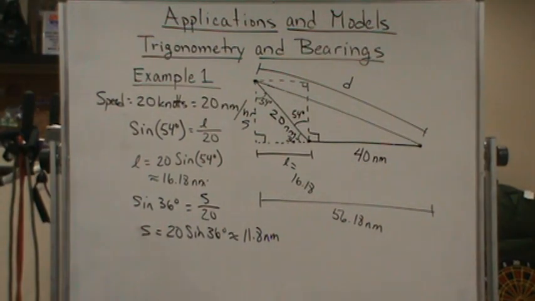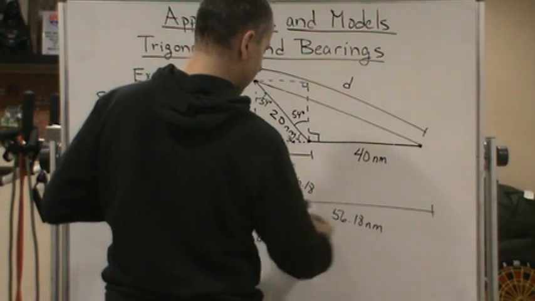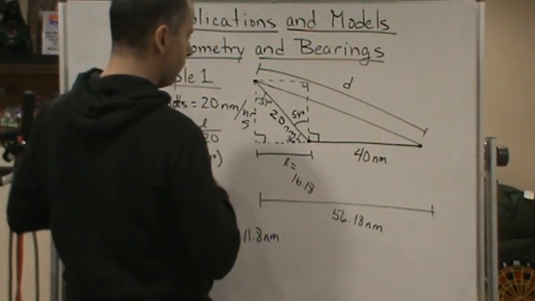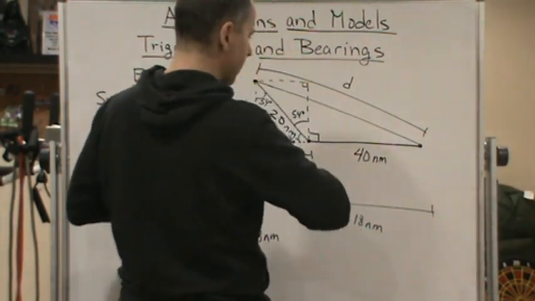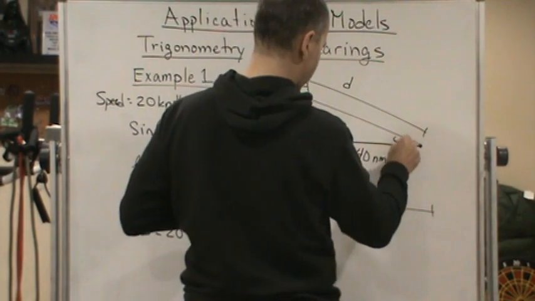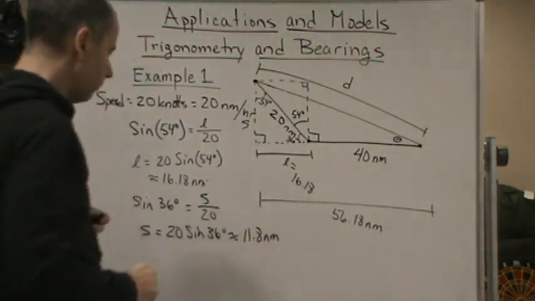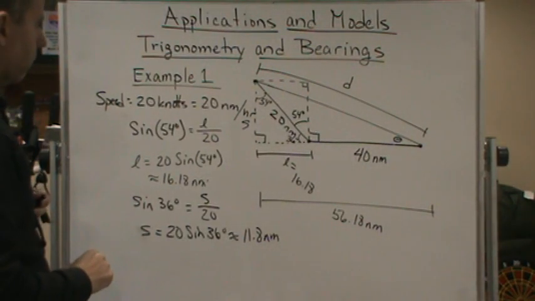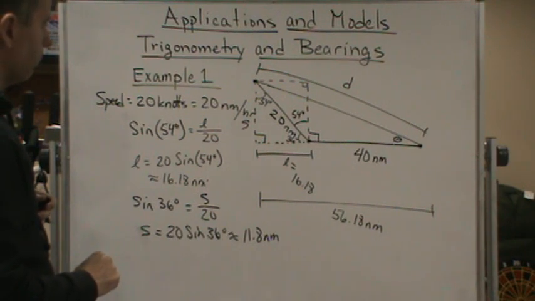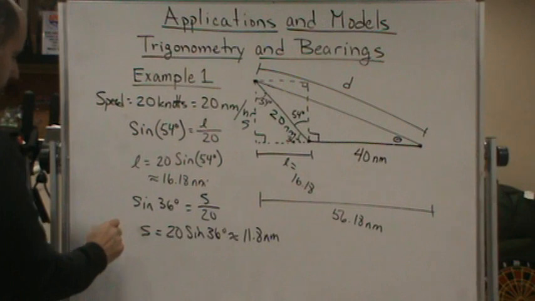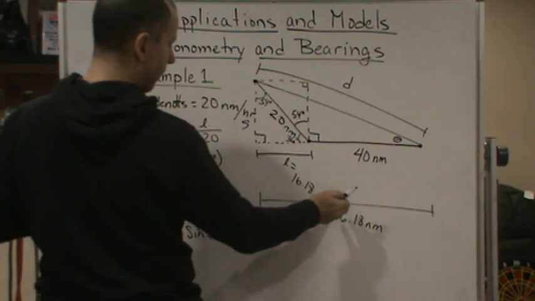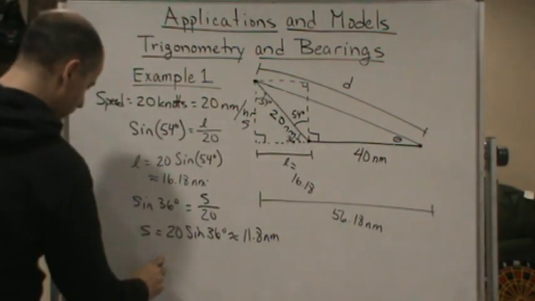Okay, so now we've got this length and this length. So let's find this angle here, called theta. Okay. In order to do that, we're going to have to use tangent.